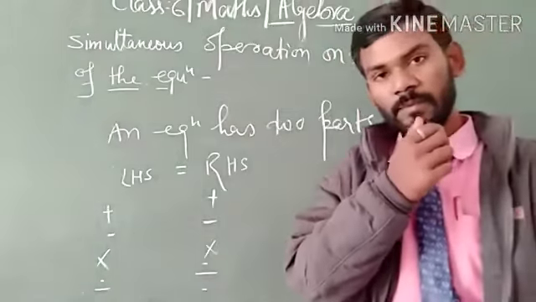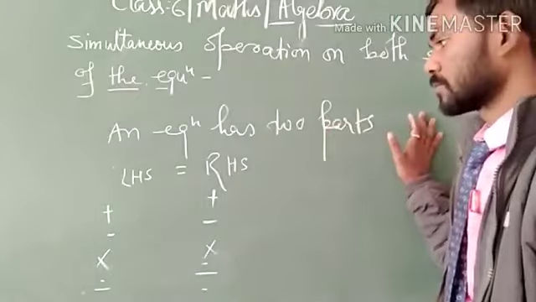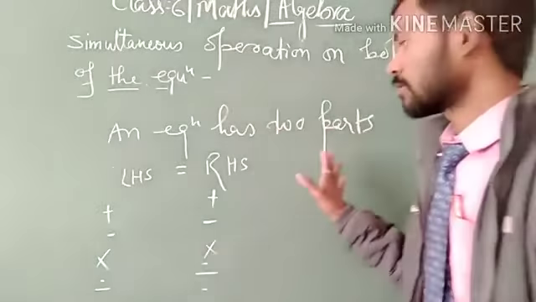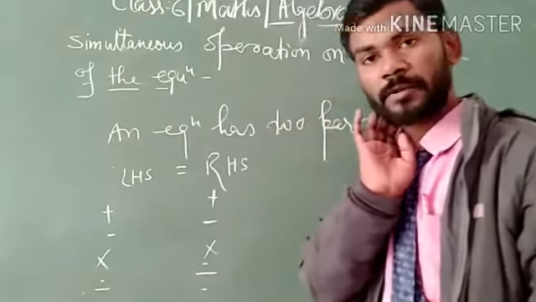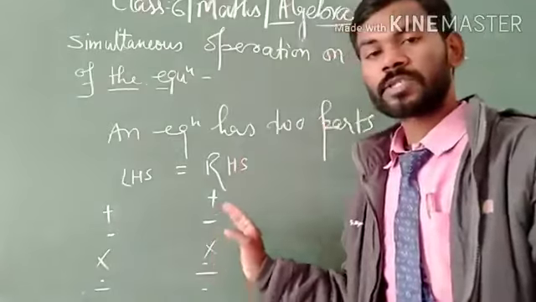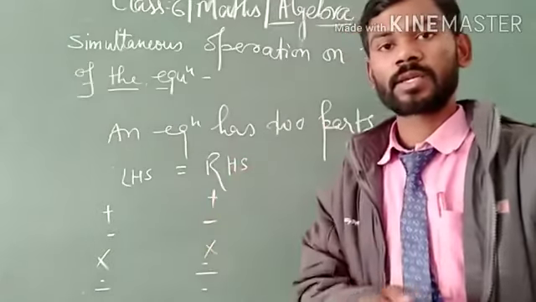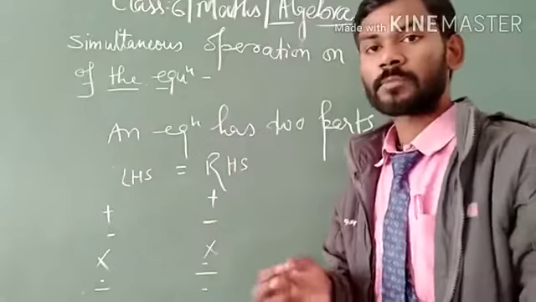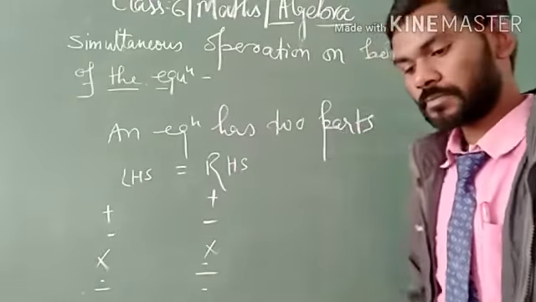This is the statement of this topic. That means, in order to separate the variable quantity from the equation, we follow this rule which states that we operate the same quantity on both sides of the equation in order to separate the variable.